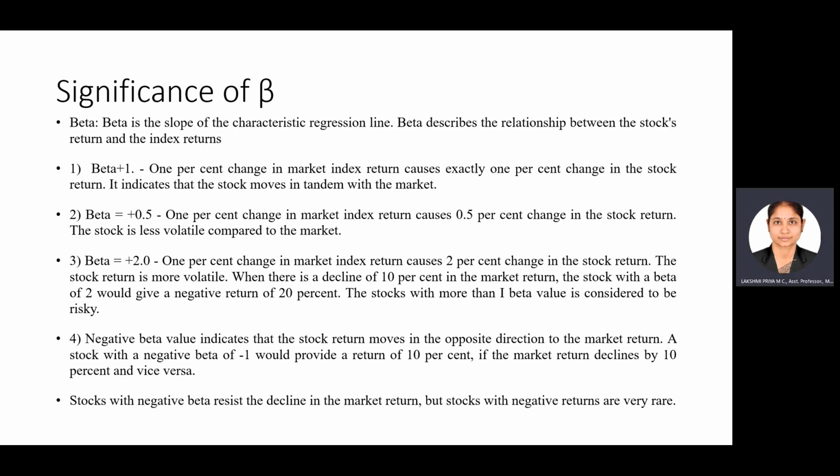It gives the percentage of variation in the stock's return explained by the variation in the market return. For example, if R square is 0.62, it could be interpreted as 62% of variations in the stock's return is explained by the variations in the market return.